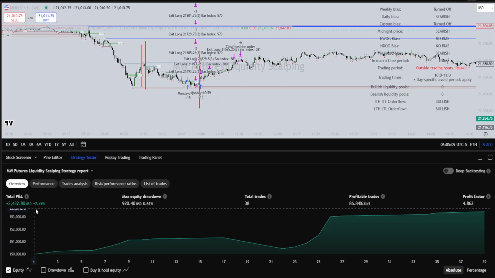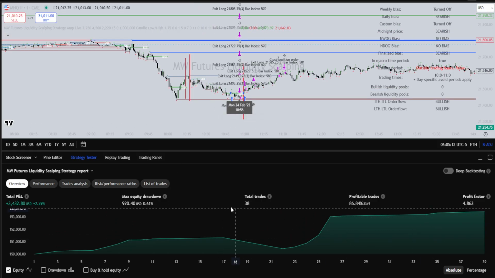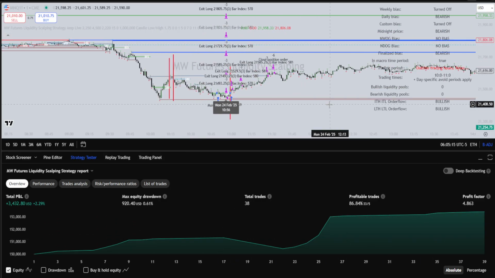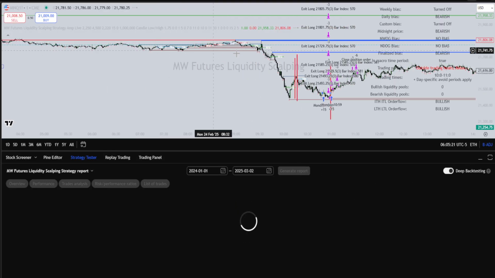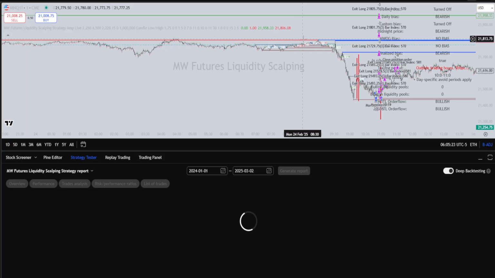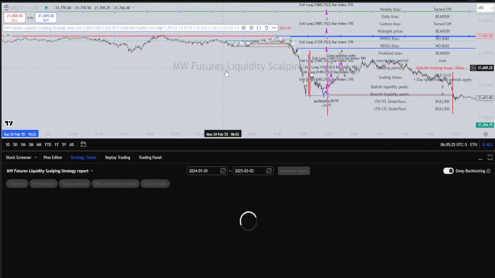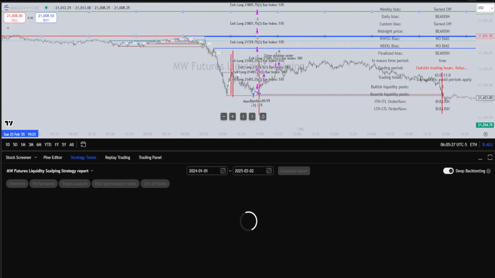Right now we see that in our normal strategy tester not much changed, same settings, same profit. But I want to see if taking liquidity from the pre-market session changes anything in the deep backtesting session.